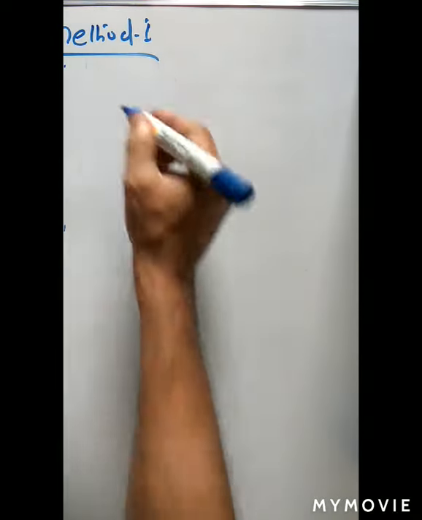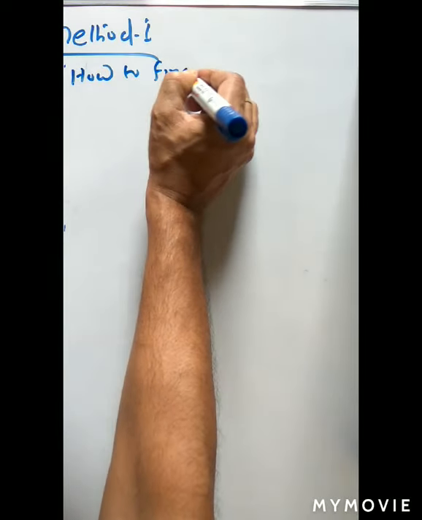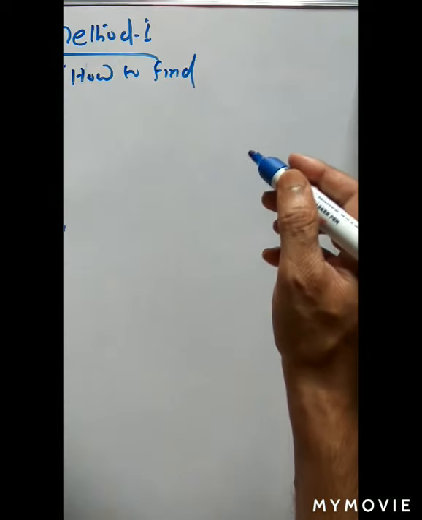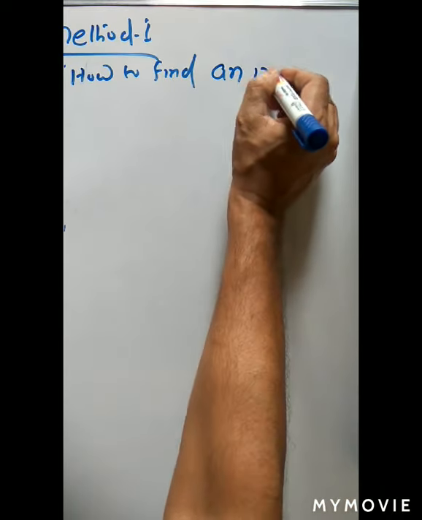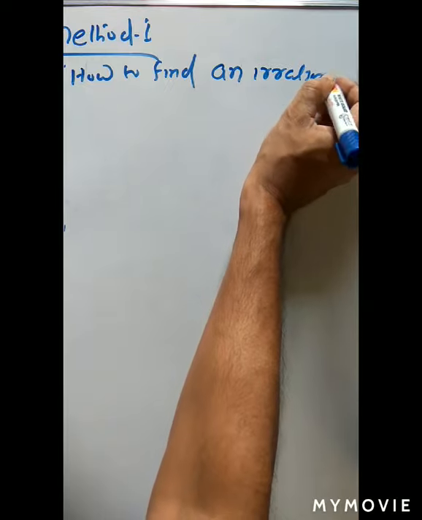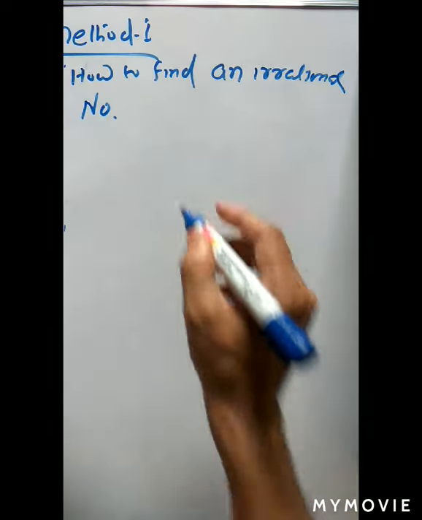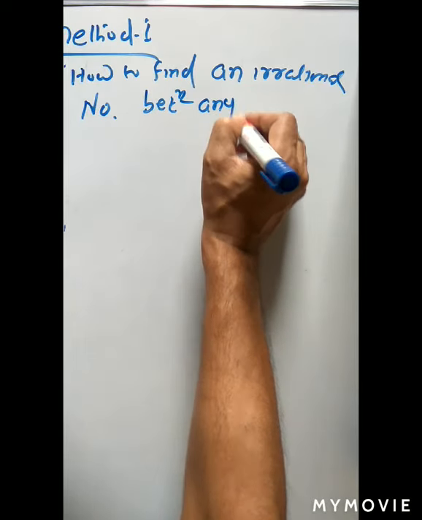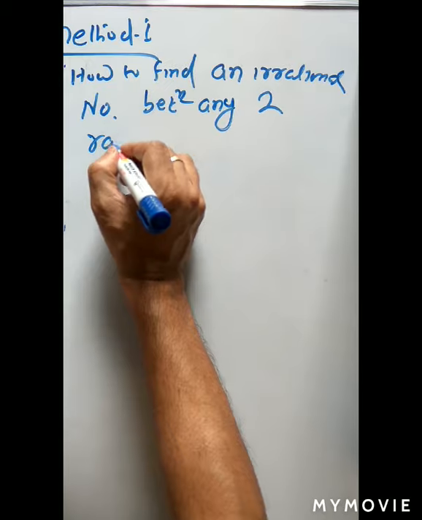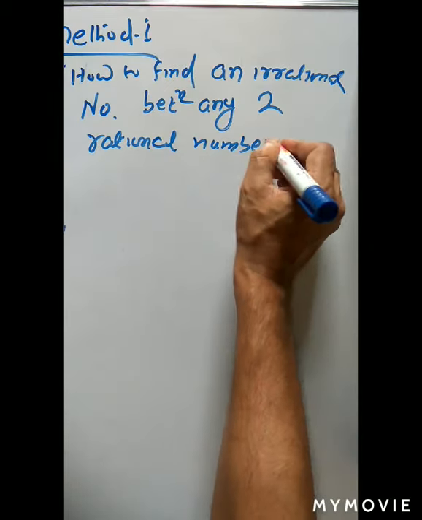Our target is how to find an irrational number between any two rational numbers. So a question will come in your exam like this.